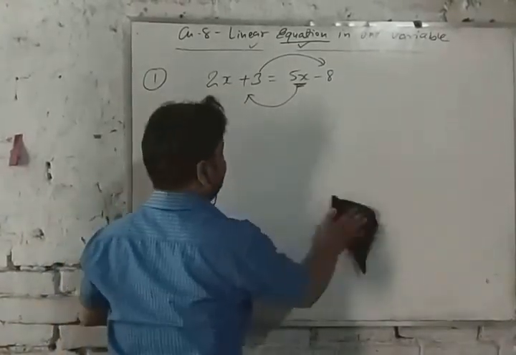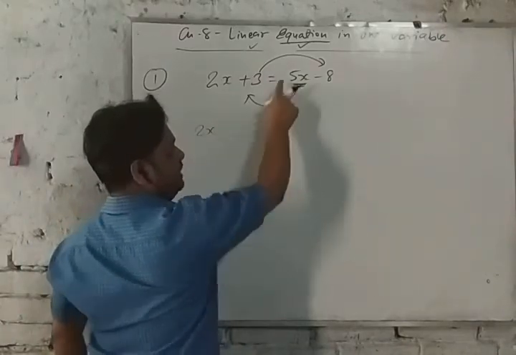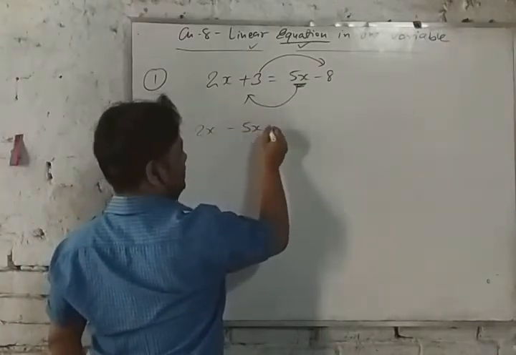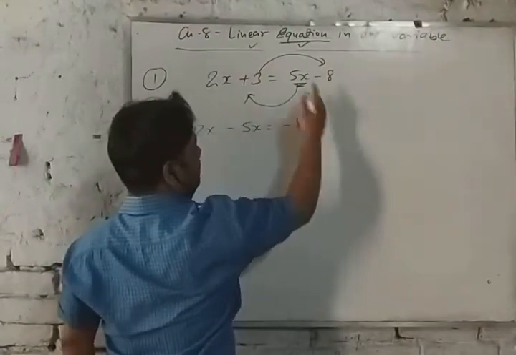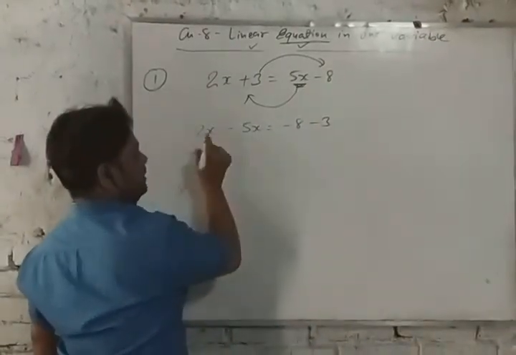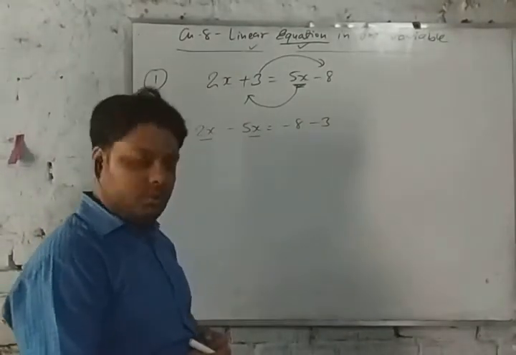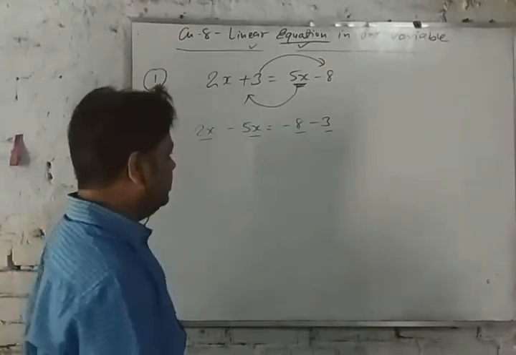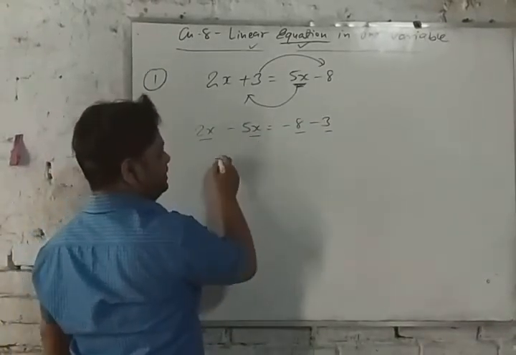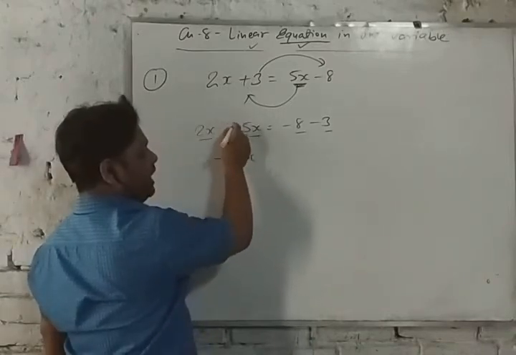Now we take plus 5x to that side, and the sign changes, so it becomes minus 5x. Plus 3 goes to the other side and becomes minus 3. Now you can see that both sides have like terms. So 2x minus 5x is minus 3x, because 5x is greater and it has the minus sign.